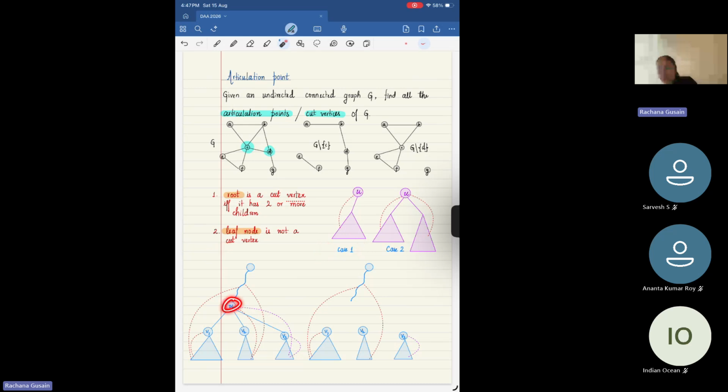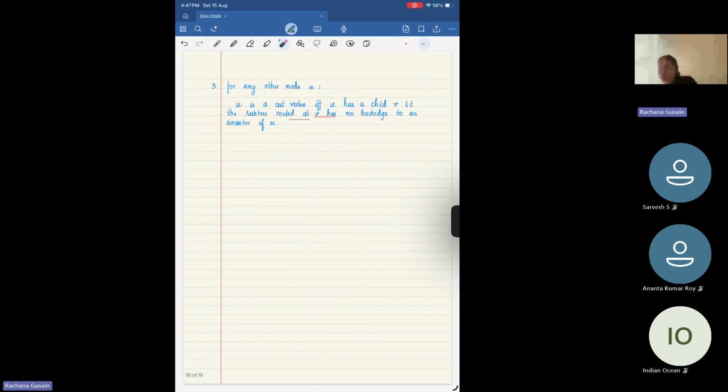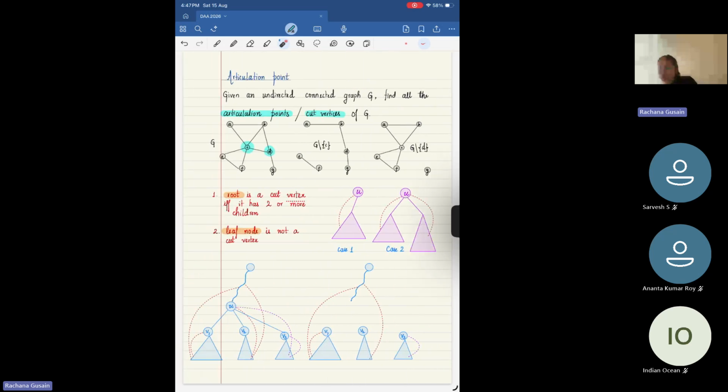For any internal node which is not the root, you apply this property: look at its children and see if there is a child whose subtree has no back edges going to an ancestor of that node. If there are no back edges, then the node is an articulation point. You can repeat this for every vertex in the DFS tree.